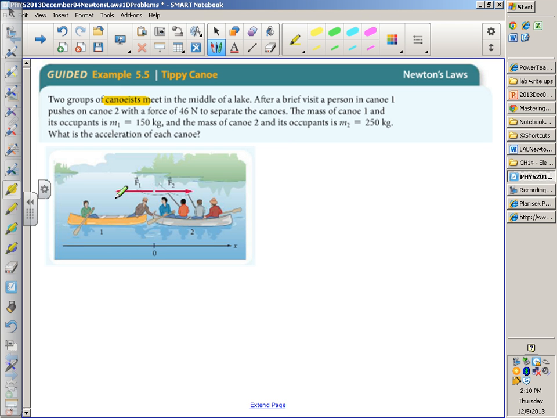We had a discussion in one of my previous classes about what you call people who were canoeing, if they were canoeists or canoers or canoeites. That was another one that we thought of. What is it? I don't know. Maybe we can do that after the problem. We'll Google this and find out what do you call a group of canoers.